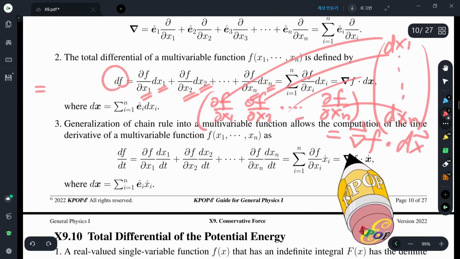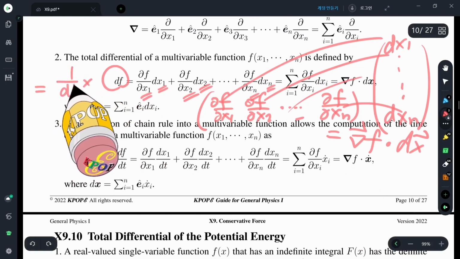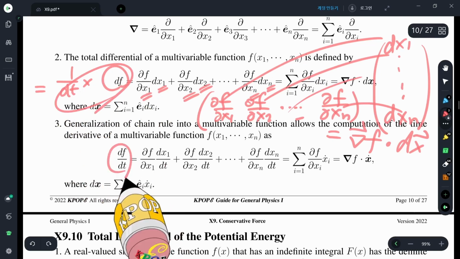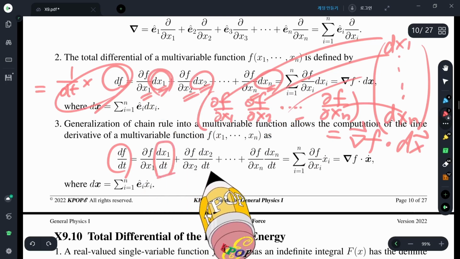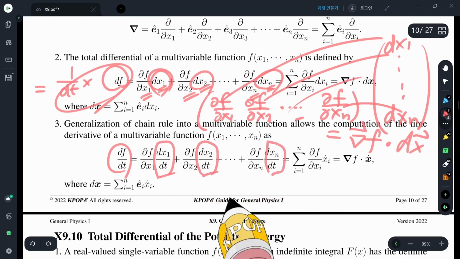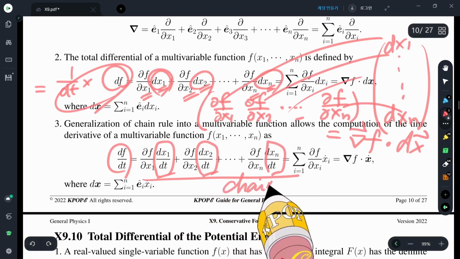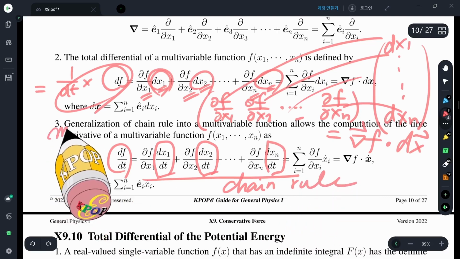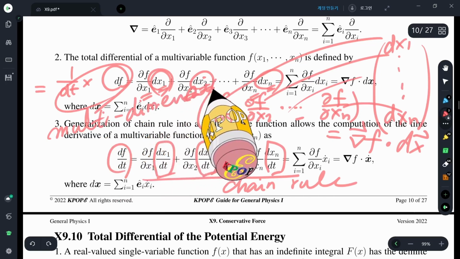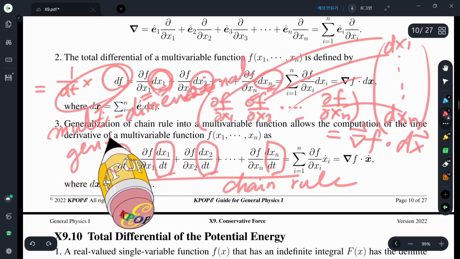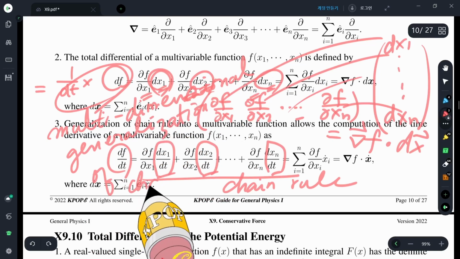If I want to take the time derivative, then what I need to do is just multiply by 1 over dt. Then it becomes the time derivative, a derivative with respect to time. So this one shows the multivariable case, the multi-dimensional generalization of the chain rule.